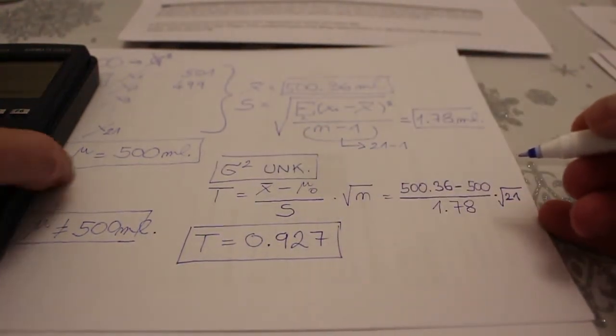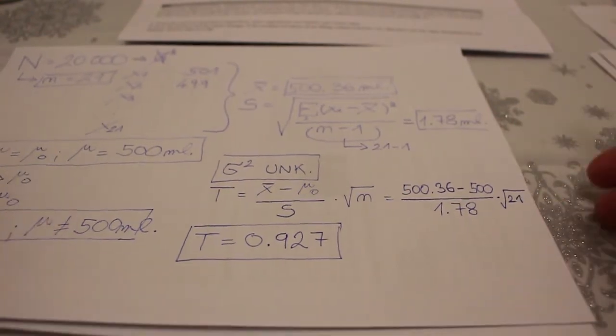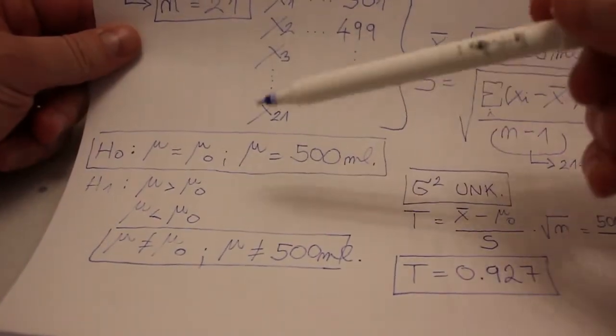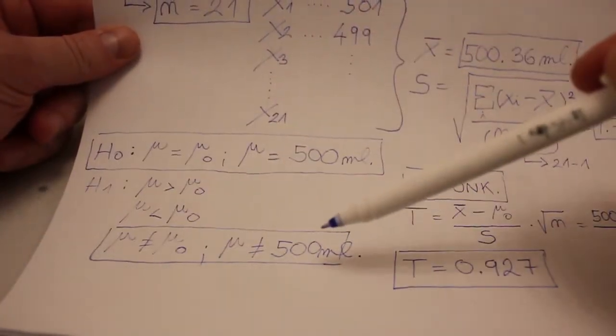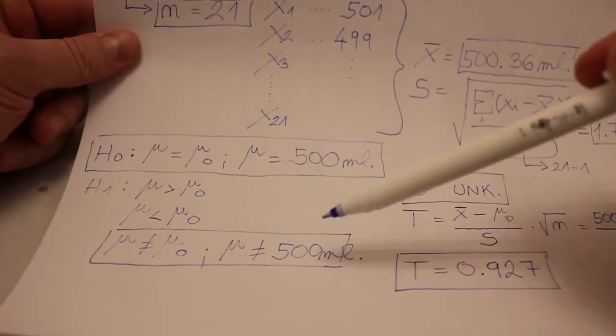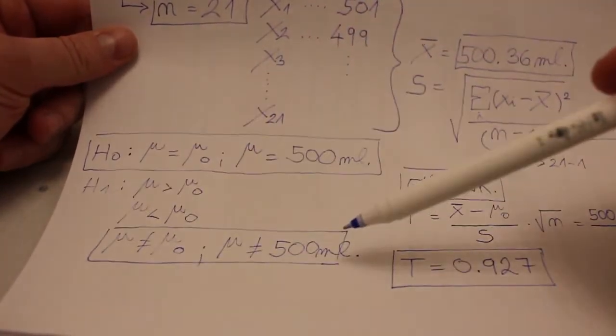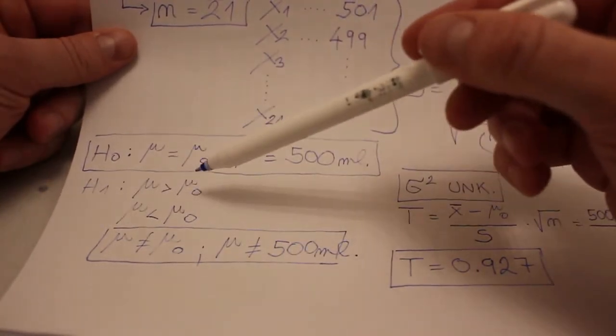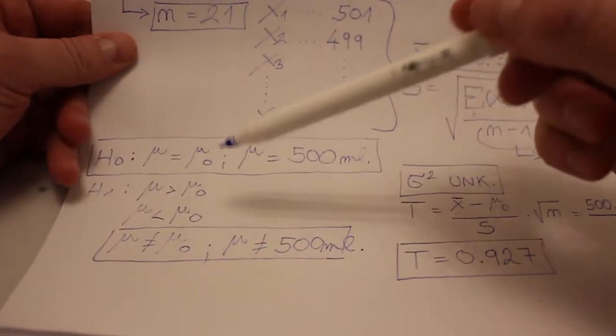In your formulas, you can find three versions of rejection regions. It depends on the type of alternative hypothesis.